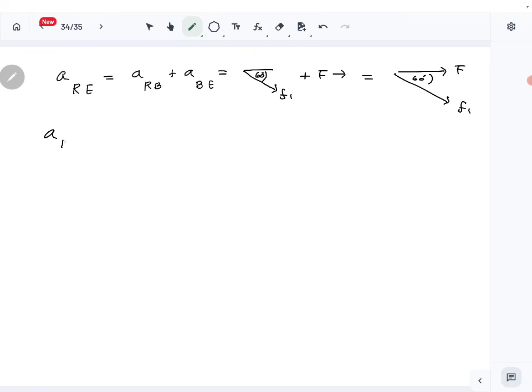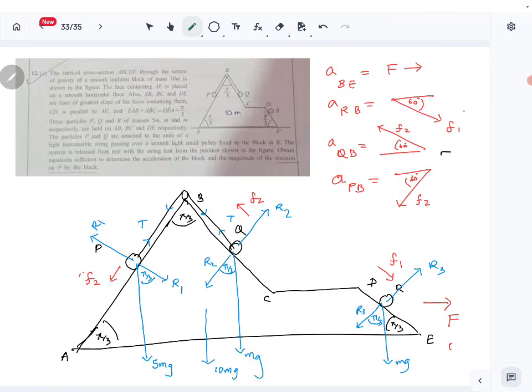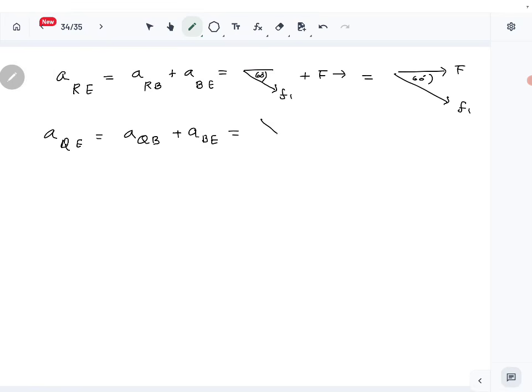Then similarly A Q E, this A Q B plus A B earth. Q B is this one, 60 degrees, f2 plus F. So then when you combine them, you have something like this, F in this direction, f2 with the angle of 60, right?